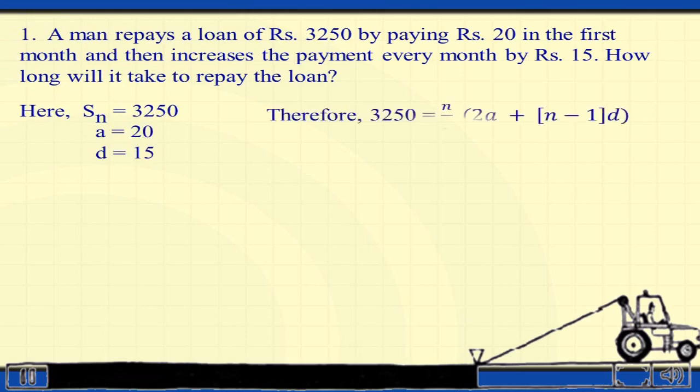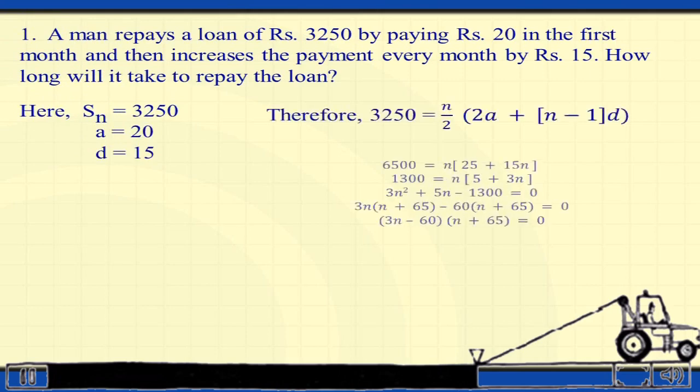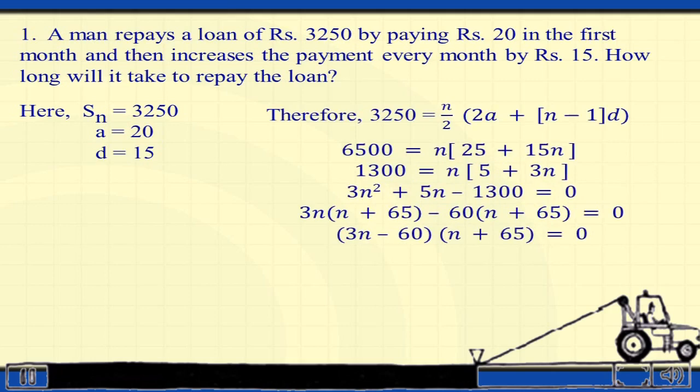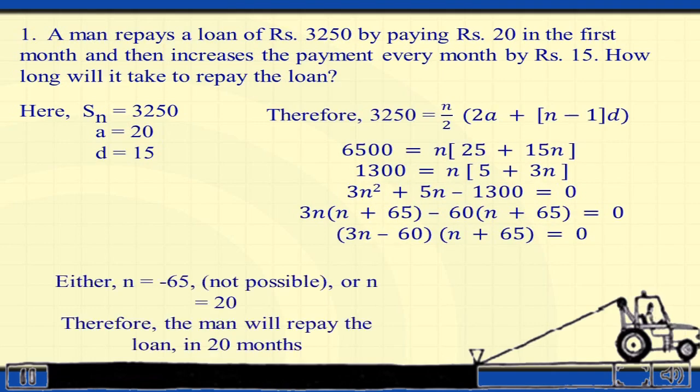Therefore, either n equals minus 65, not possible, or n equals 20. Therefore, the man will repay the loan in 20 months.